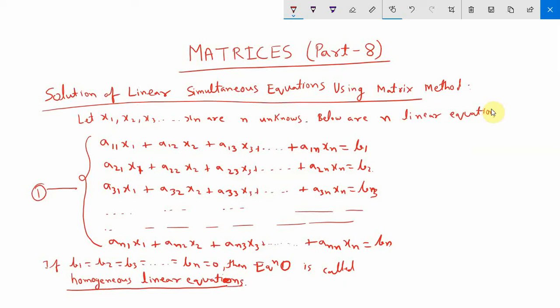And if at least, even if a single b is non-zero, then it is called a system of non-homogeneous linear equations.